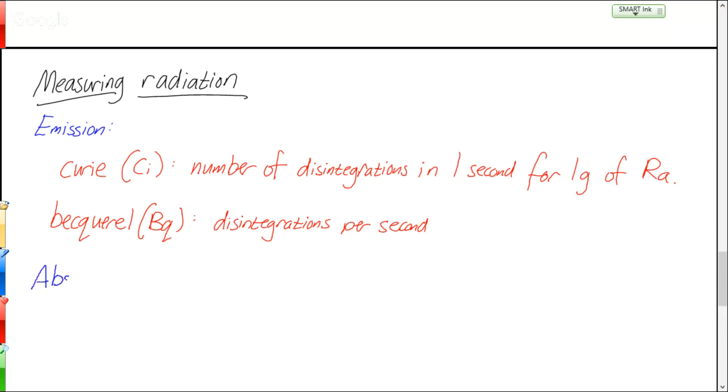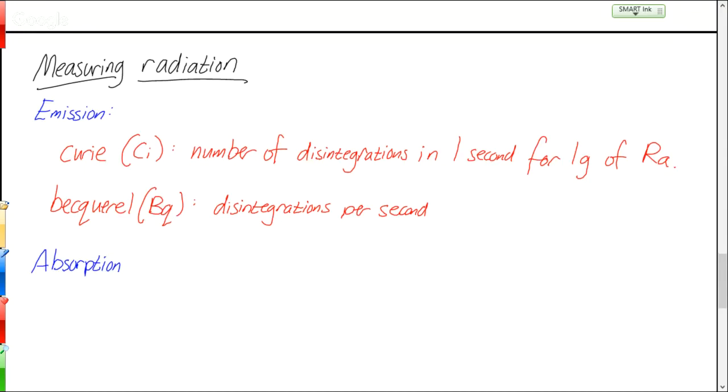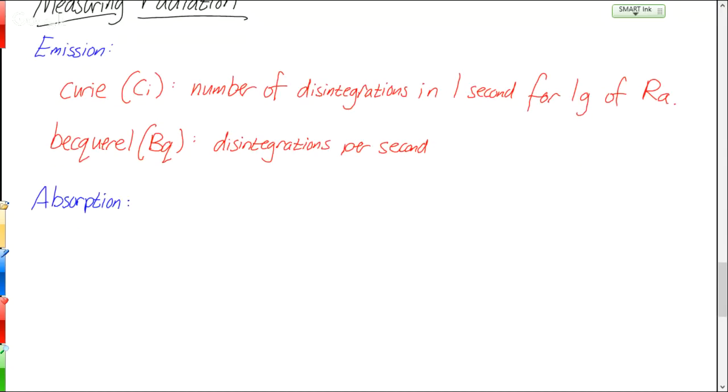The other side of that then is absorption. There's a few different units here. We're going to focus on 2 of them. The rad, or radiation absorbed dose.